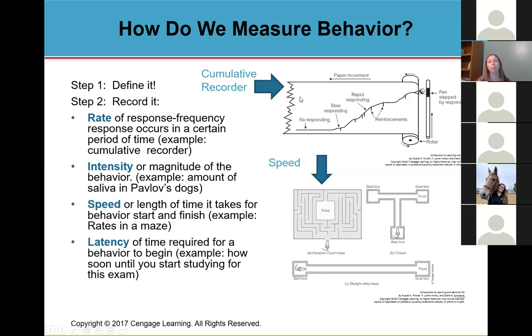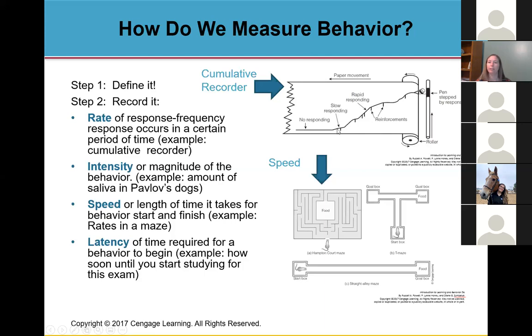Okay. One way that we can do that is using a cumulative recorder. So this is like an automatic way of recording rates of behavior. A flat line indicates no responding, and then as it increases in slope, we have more responding, right?